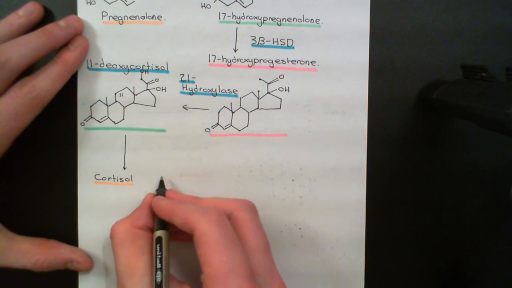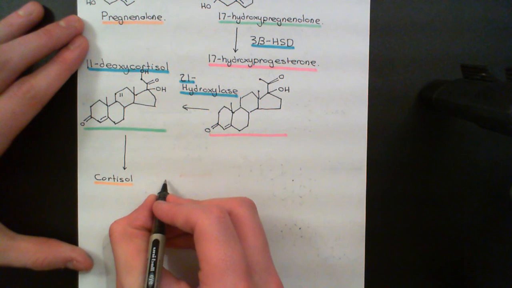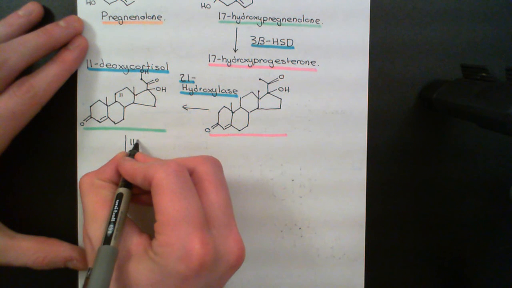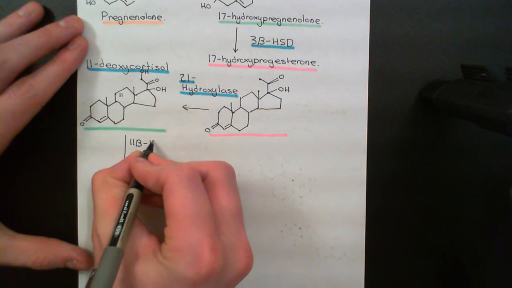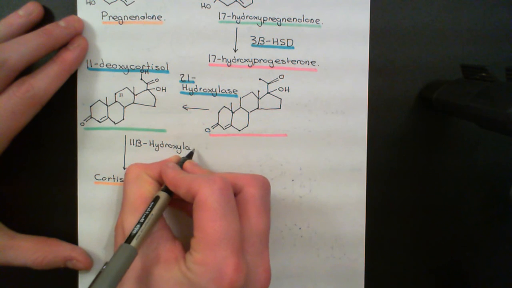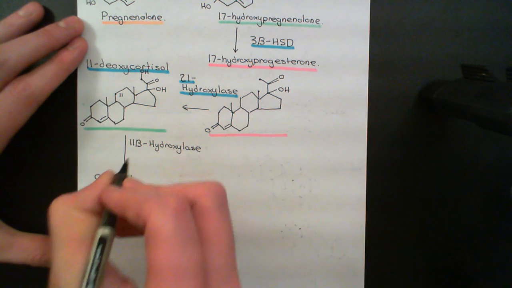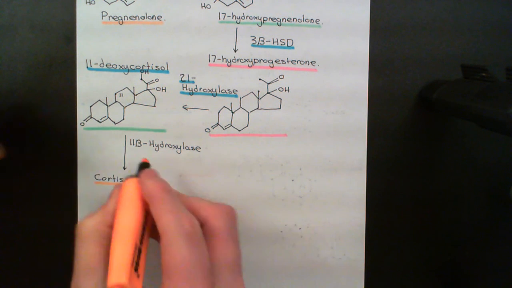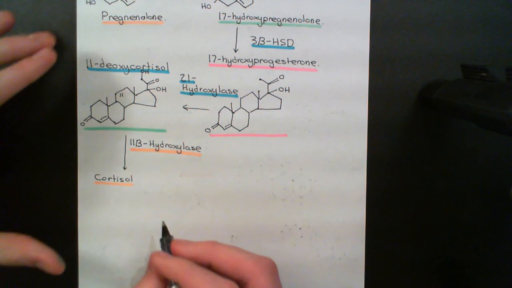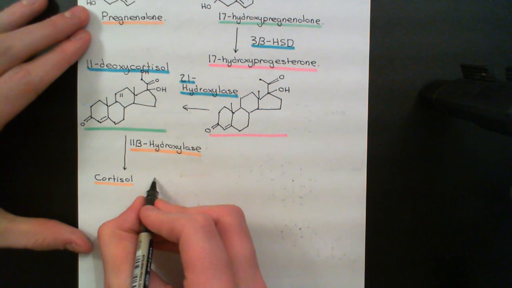So now let me draw out the final molecule here, and this final reaction is just going to be catalyzed by an enzyme known as 11-beta hydroxylase. So it's going to put an alcohol group onto carbon number 11. So underline its name in orange here. And now let me draw out the final star of the show, the final molecule here.